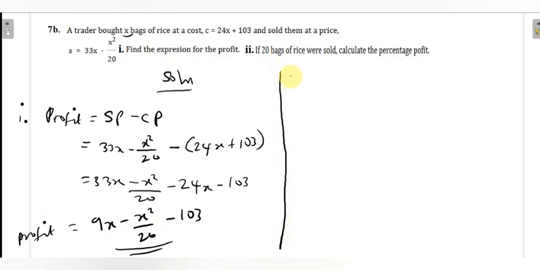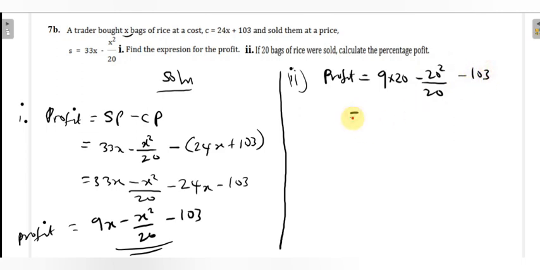For the other part, we have, if 20 bags of rice were sold, calculate the percentage profit. So we're going to calculate the profit from here. Profit would be equal to 9 times 20 minus 20 squared divided by 20 minus 103.